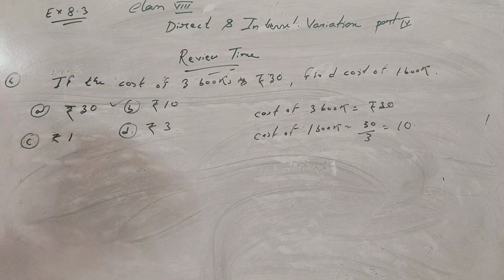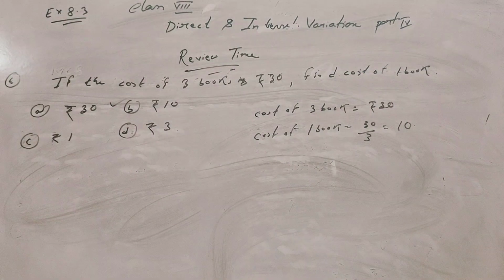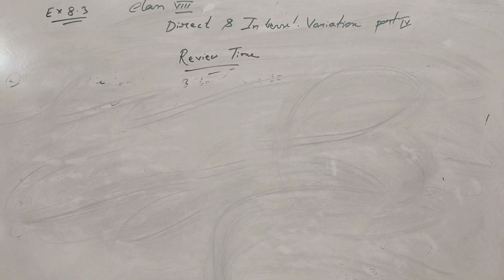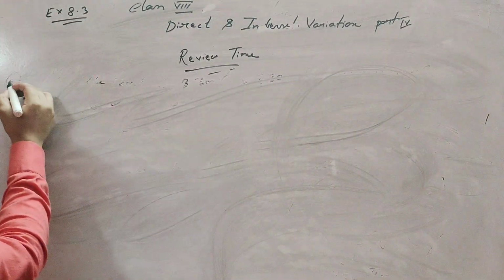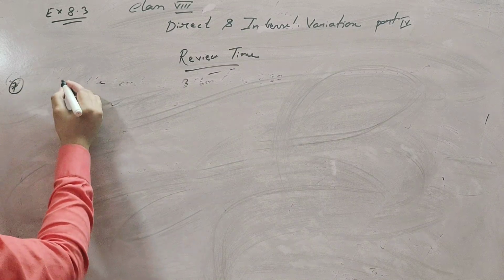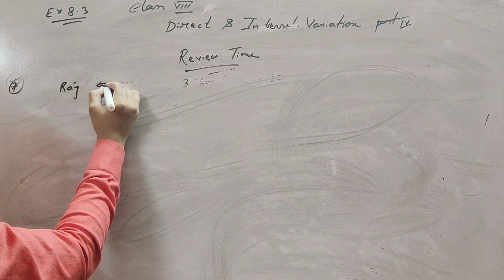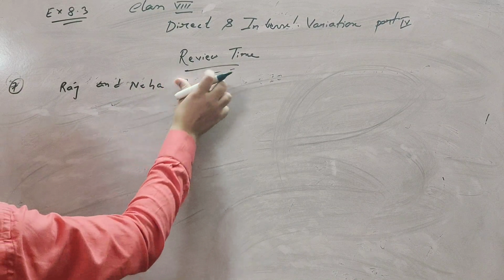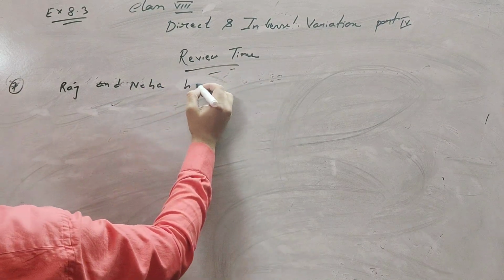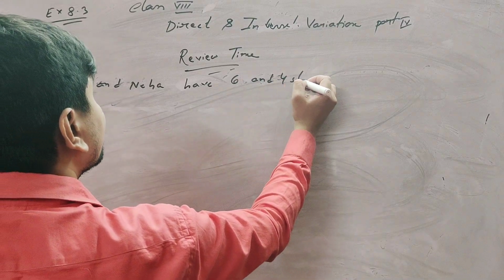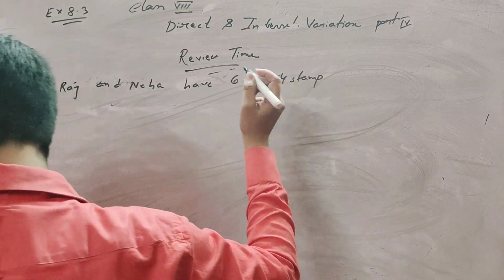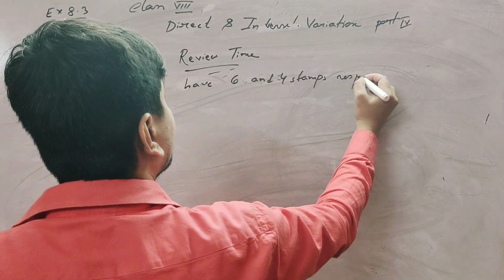MCQ question number 7. Raj and Neha have 6 and 4 stamps respectively.